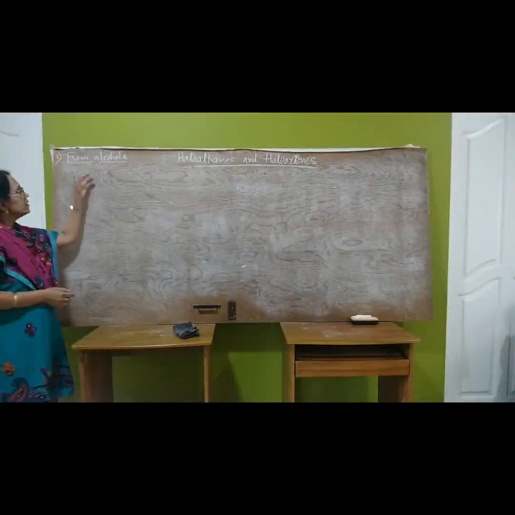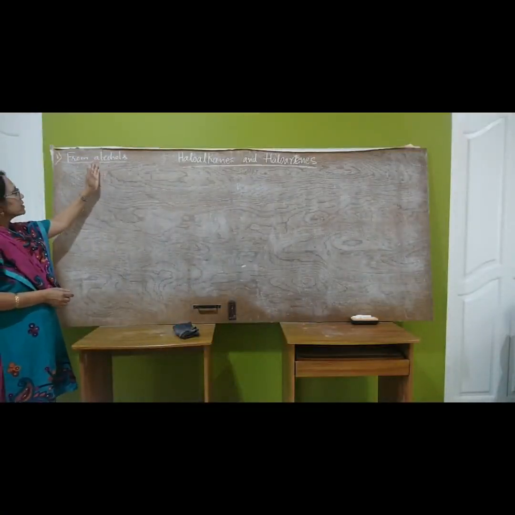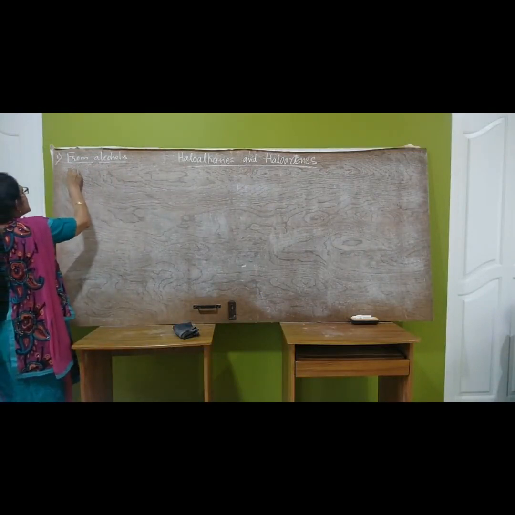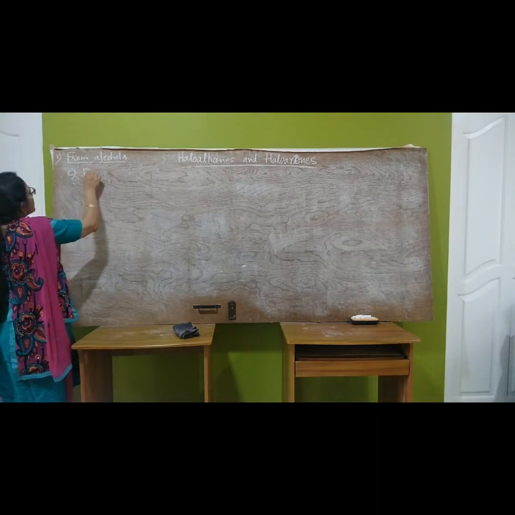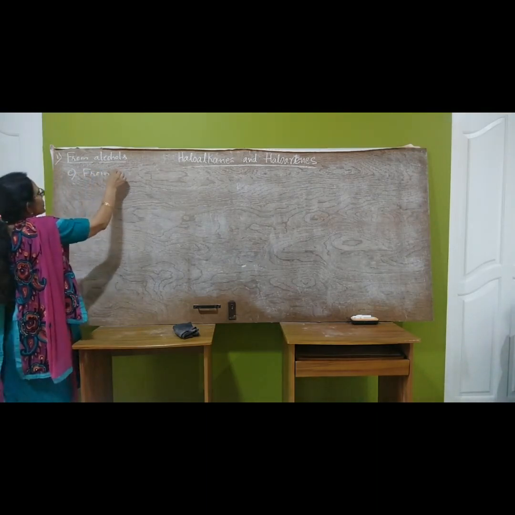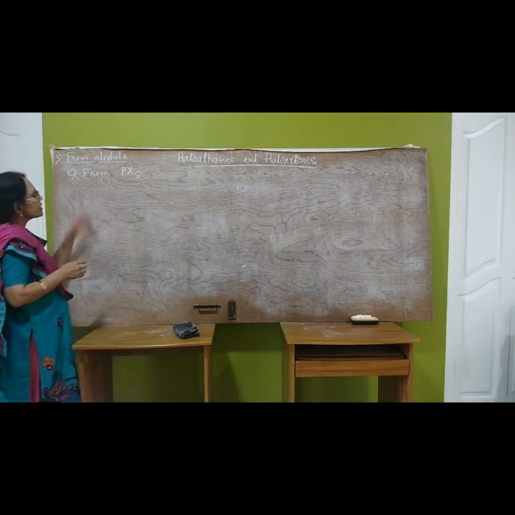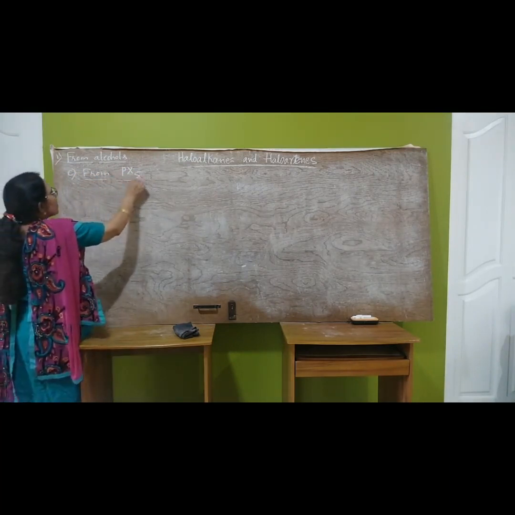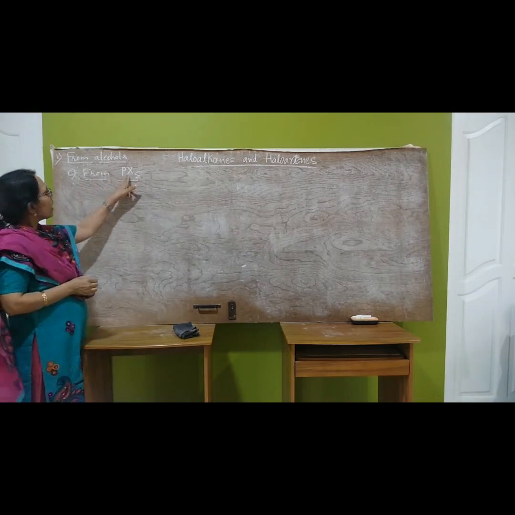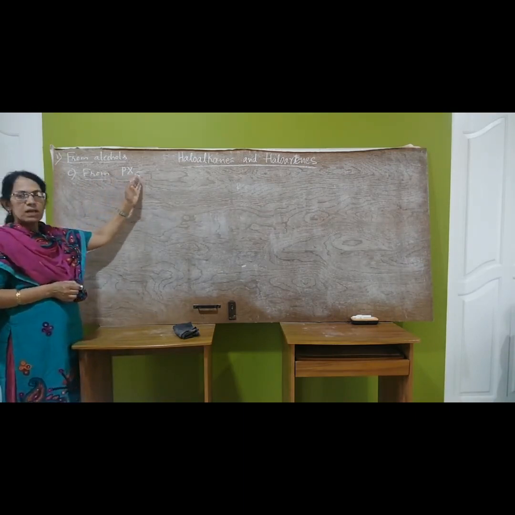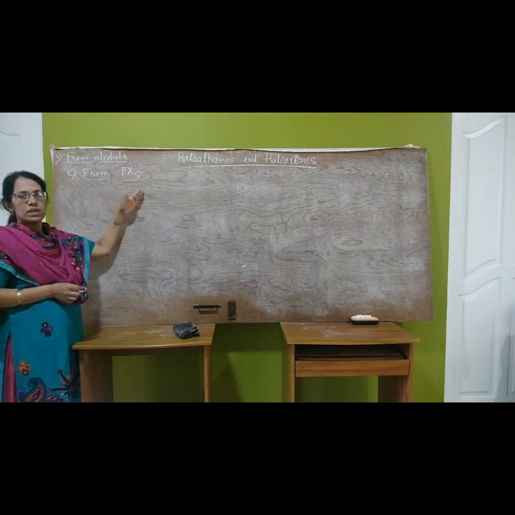Okay, next method of preparation of haloalkanes from alcohols, that is C, from phosphorus pentahalides, PX5. From this method only alkyl chlorides are prepared, because only PCl5 is more stable.